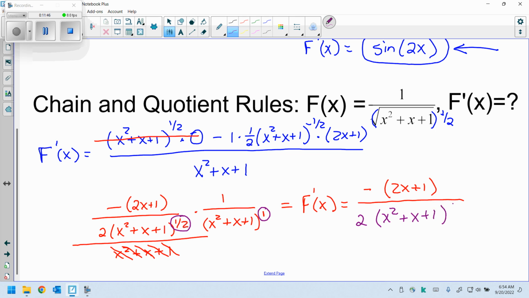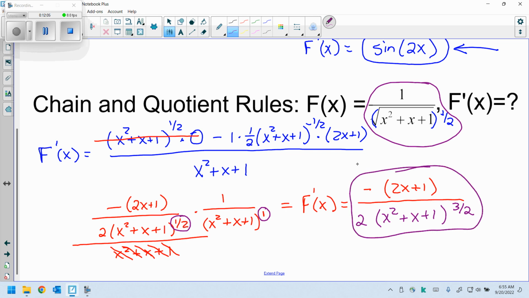But I think our new exponent is going to be to the 3/2 when I add those exponents together. That's the derivative of this function. That is the slope of this function at any x value using the chain rule.